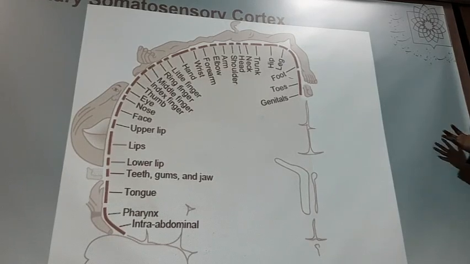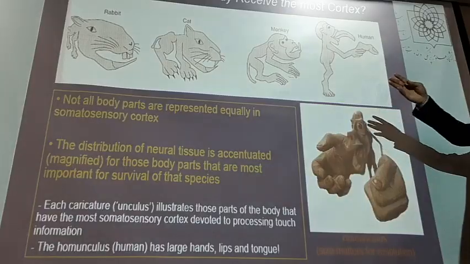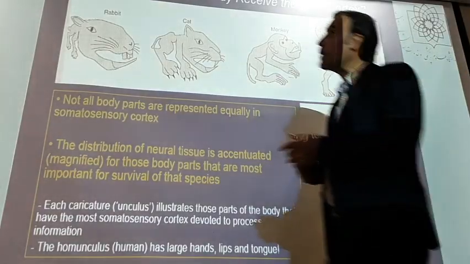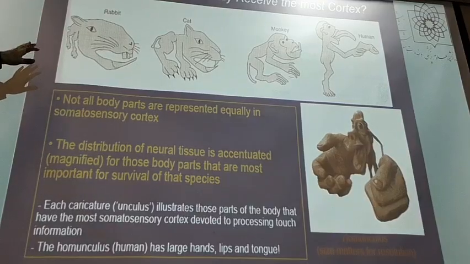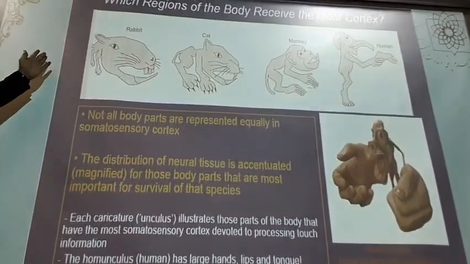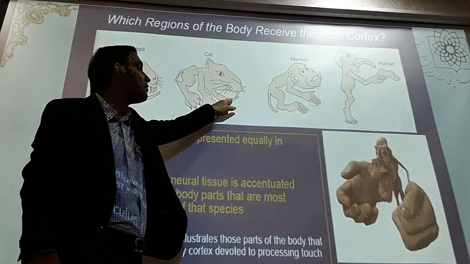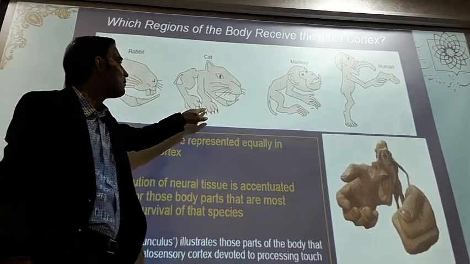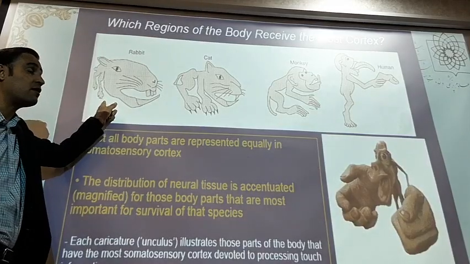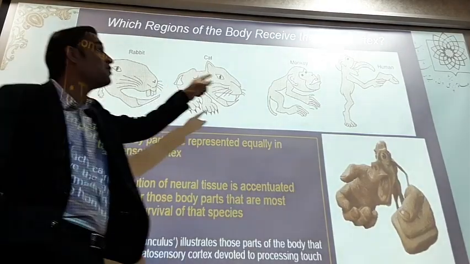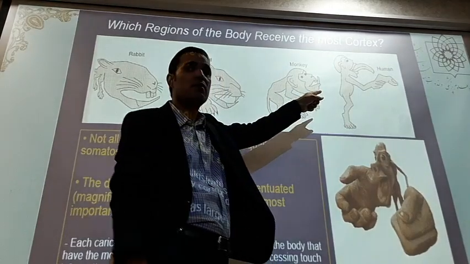And this is the picture that is generated in different animals. You see, in the rabbit, face and head are most represented in the brain, but legs and trunk are left. In the cat, you see the mustache and mouth, but the paws are also better than in the rabbit. In the monkey, it is like the human, and this is the human.